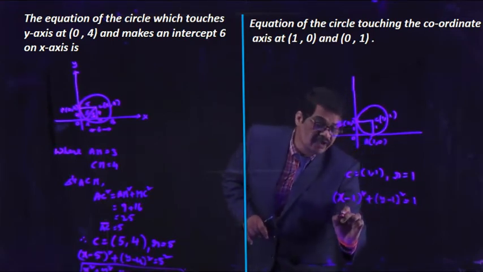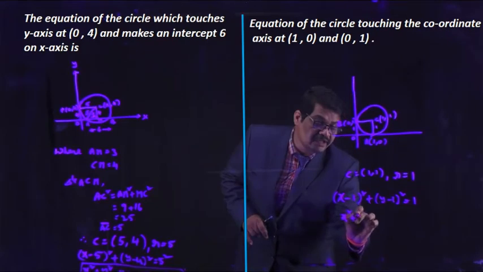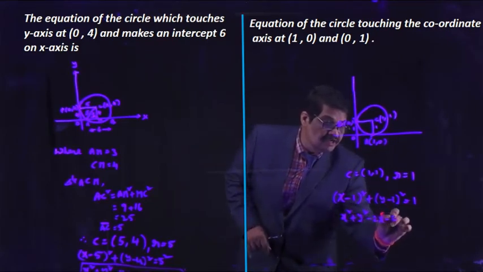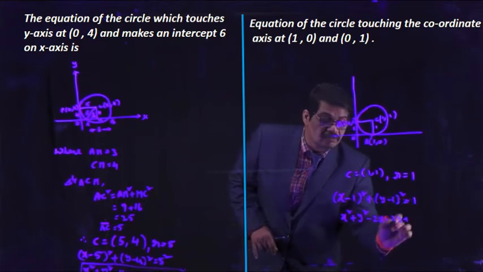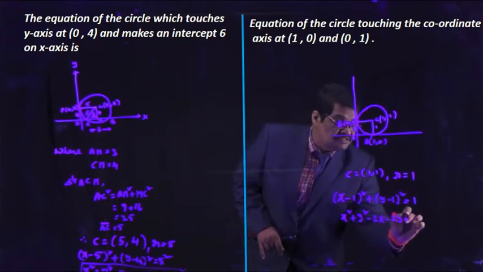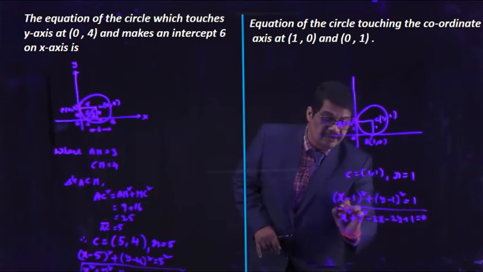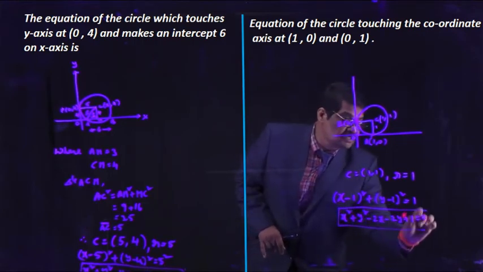Now we are simplifying this equation. We are getting x square plus y square minus 2x minus 2y. Here 1 on both sides cancels and the remaining is 1. Okay, this is the required circle.